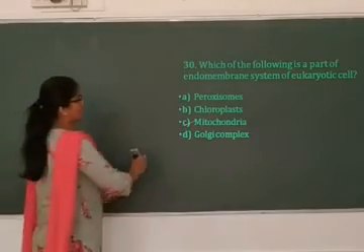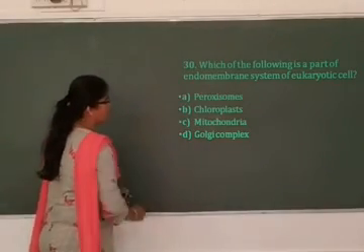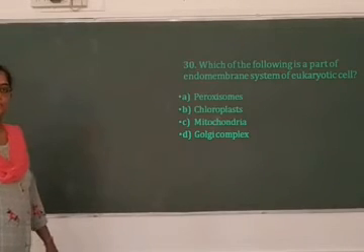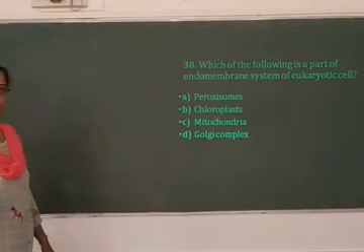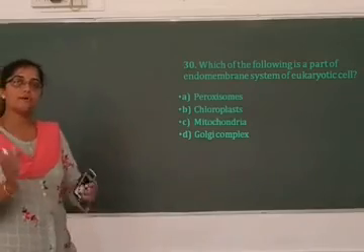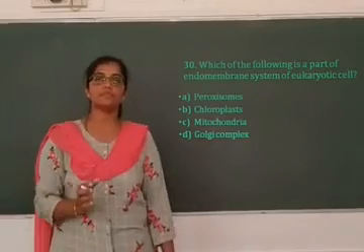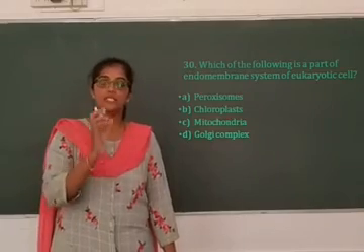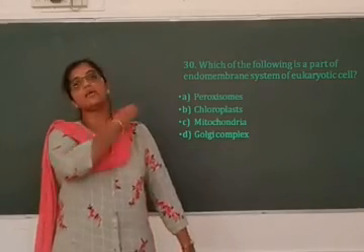Which of the following is a part of the endomembrane system in a eukaryotic cell? As I mentioned, some of the cell organelles in eukaryotes are considered as an endomembrane system because they are structurally and functionally coordinated.